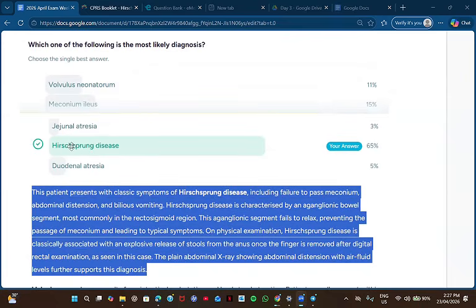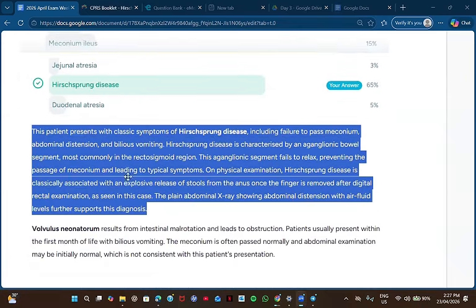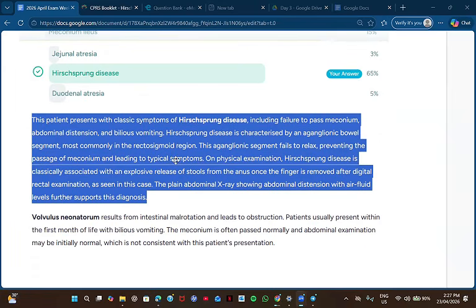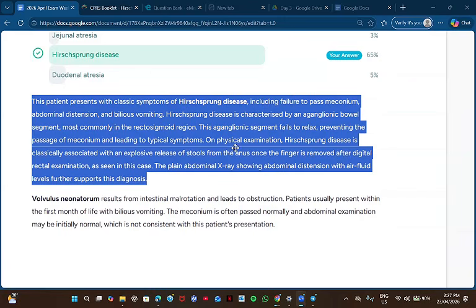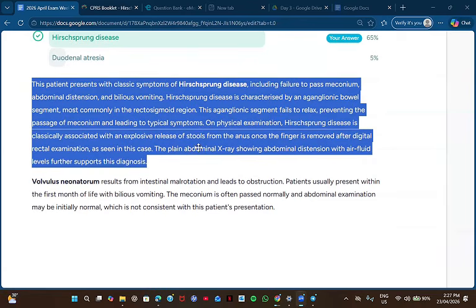Actually, it's Hirschsprung disease. Why? The patient presents with classic symptoms of Hirschsprung disease, including failure to pass meconium, abdominal distension and bilious vomiting. Hirschsprung disease is characterized by an aganglionic bowel segment, most commonly in the rectosigmoid region. The aganglionic segment fails to relax, preventing the passage of meconium and leading to the typical symptoms.